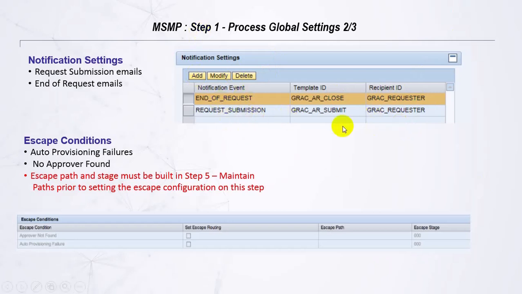So apart from notification, we have escape conditions. Since we are automating the complete process, like the user administration activities, what will happen in this process? There are two major possibilities for the auto provisioning failure of a request.